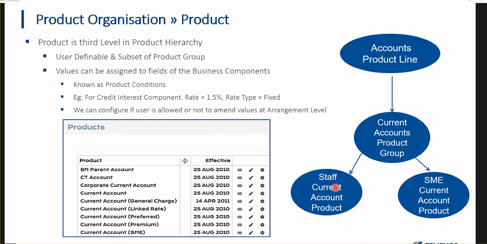Similarly, one product group can share different interest rates and different charges in the products. It's just one of the fields that we change in the product, but only in the product, not in the group.